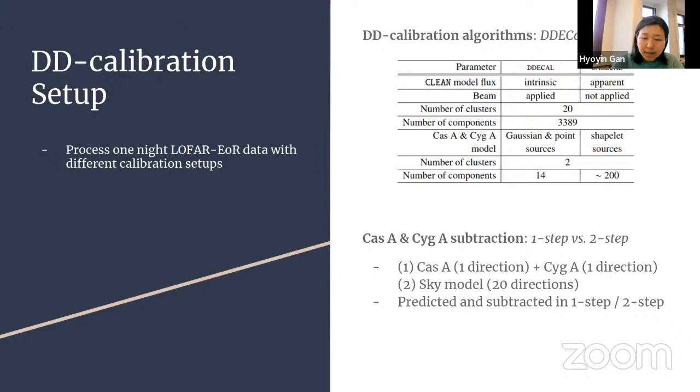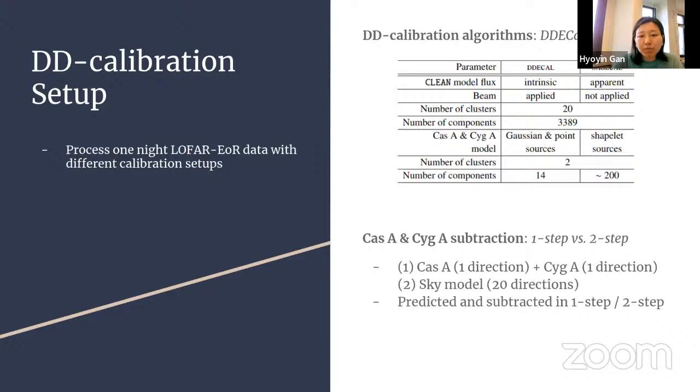And on top of that, for the strategy of subtracting Cassiopeia A and Cygnus A, we have two different approaches here. Because they are very bright sources, sometimes having them enter through side lobes means that when you are estimating your gains, they have influence on overall sources in the sky model.